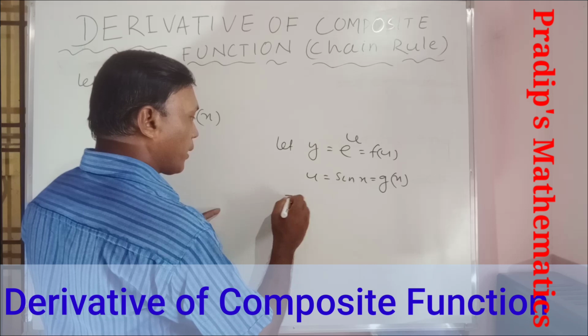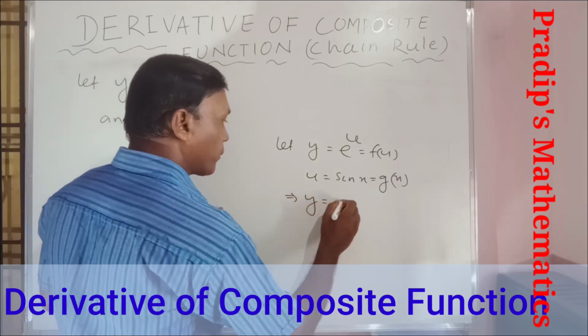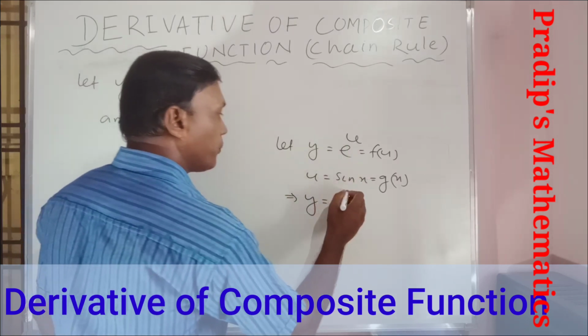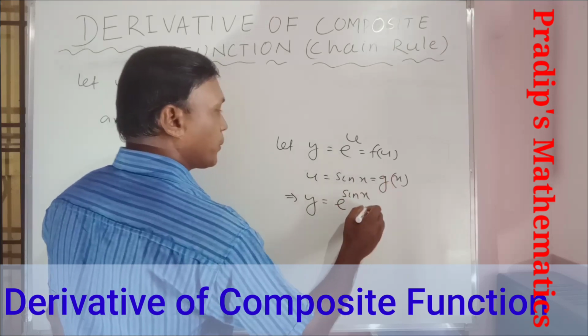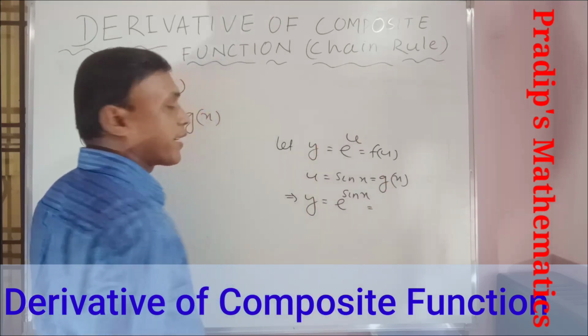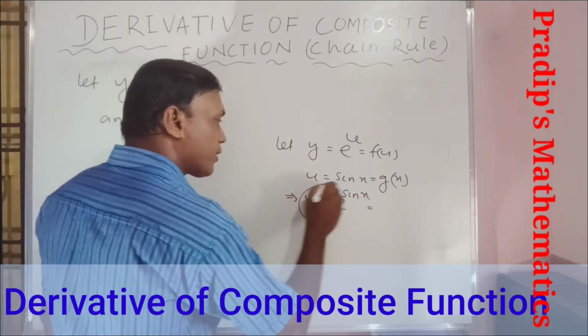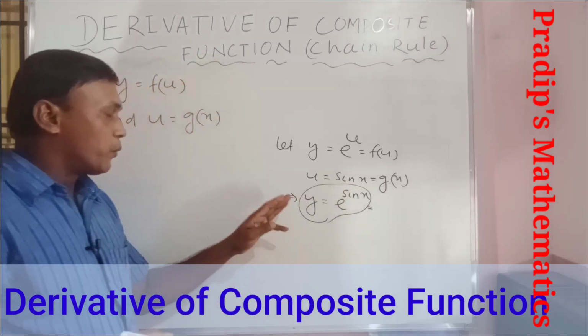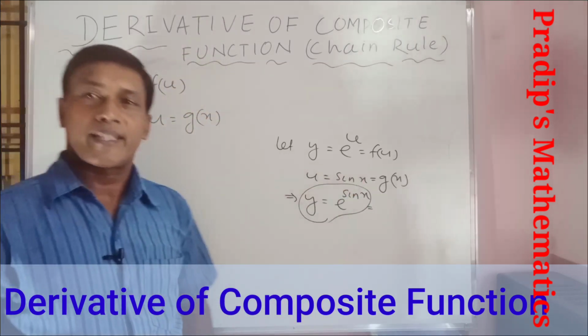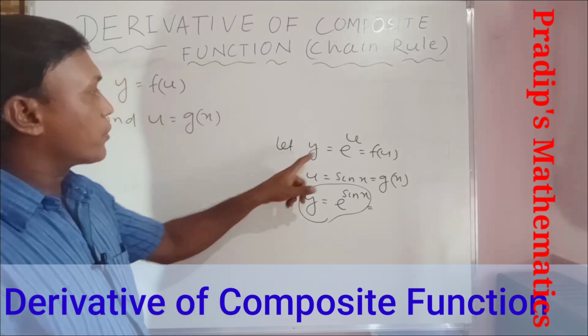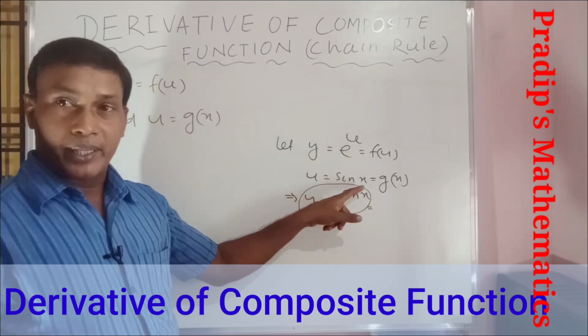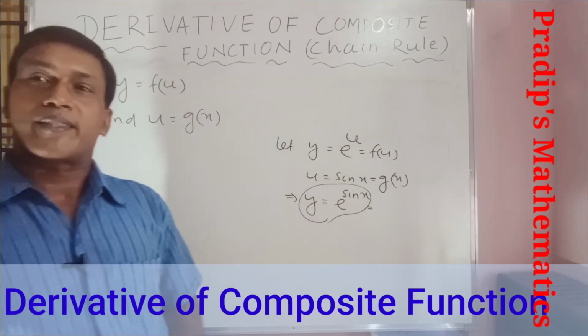Now y is equal to e to the power u, and u means sin x, so this is a function of x. So y is also a function of x because y is expressed in the form of x. So if y is a function of u and u is a function of x, then y is also a function of x.